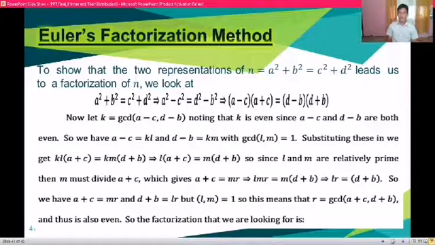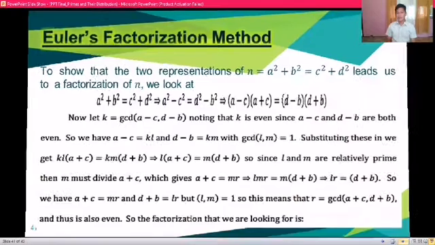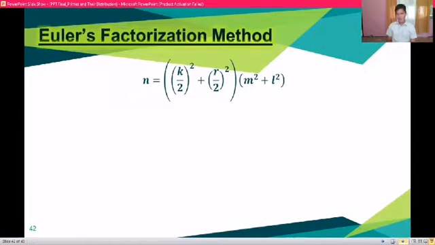So the factorization that we are looking for is N is equal to (K/2)² + (R/2)² multiplied by M² + L².